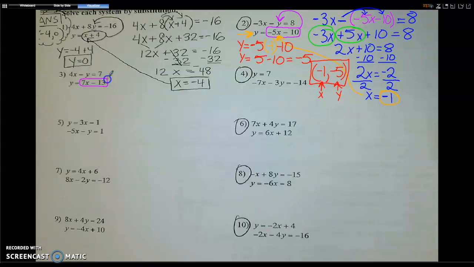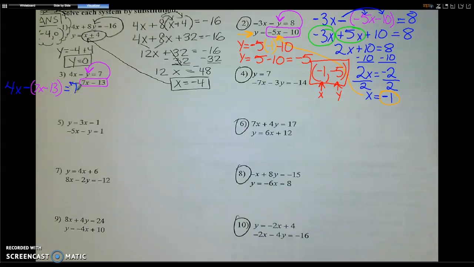We're going to take that and plug it in, substitute in for the y. So let's work it out. So we have 4x minus, I'm not going to put y, I'm going to put in 7x minus 13 equals 7.